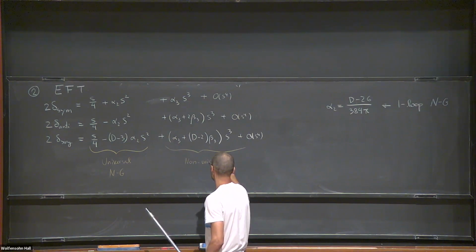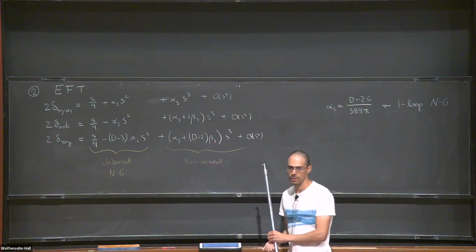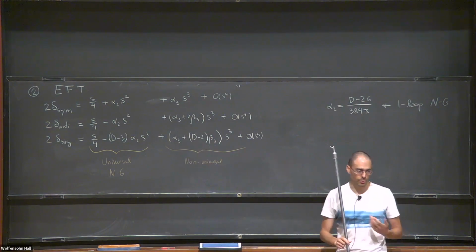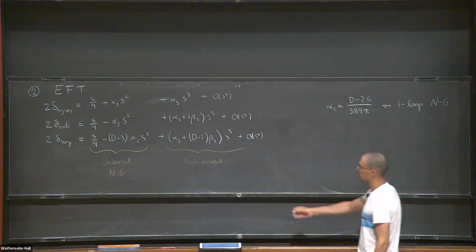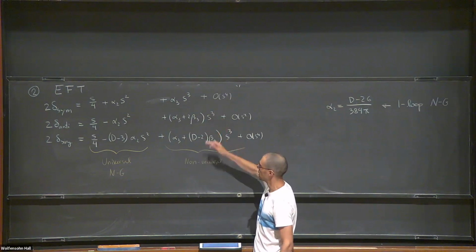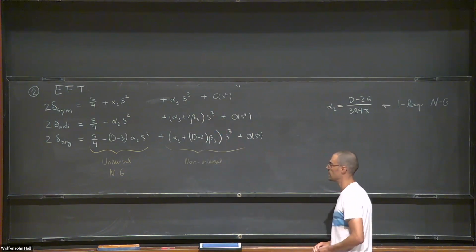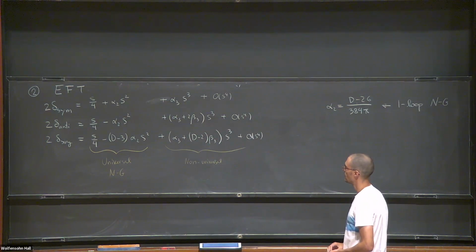And we saw there are 2 possible ways of contracting 4 powers of the extrinsic curvature. And so these correspond to these parameters alpha 3 and beta 3 that appear in this expansion.